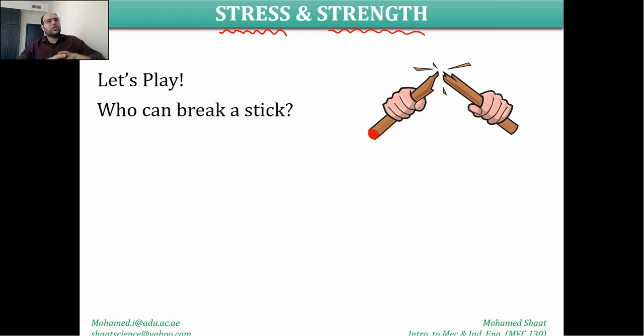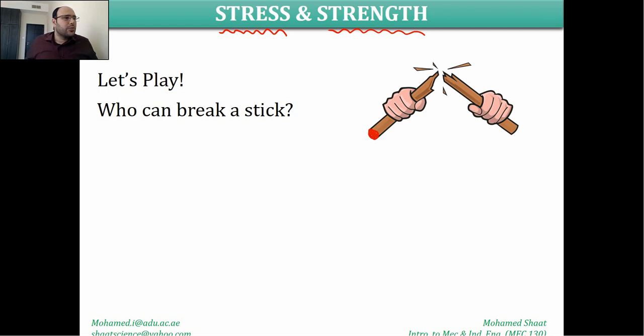But how about if I then give you more sticks, and as I give you one more stick, I'm increasing the diameter of the stick, one by one? Initially, I increase the diameter a little bit, and you can still break it. Then I give you a thicker one, and you keep breaking them until you reach a certain diameter. Here I'm not changing the material. All the sticks are made of wood, the same material.